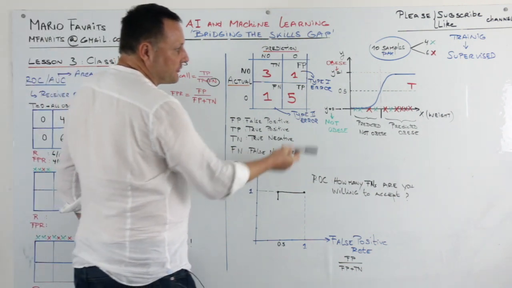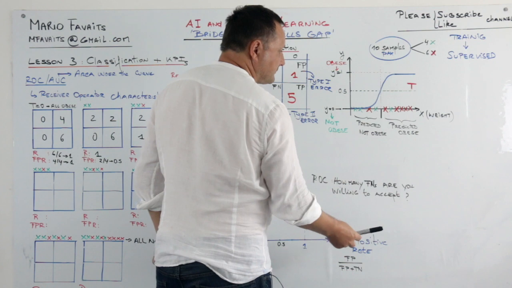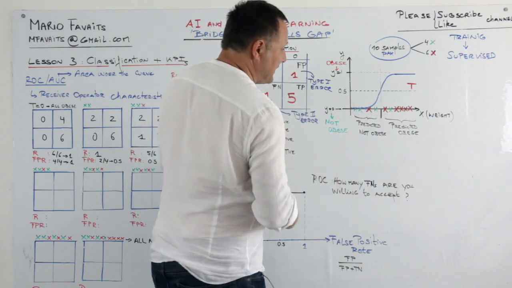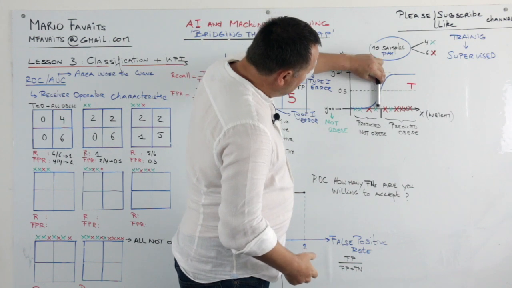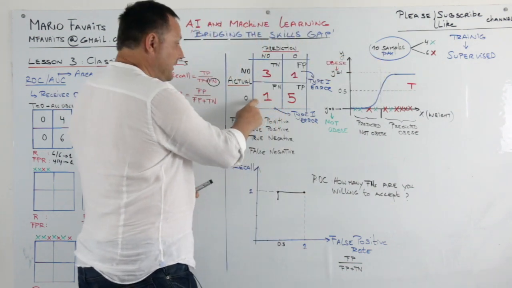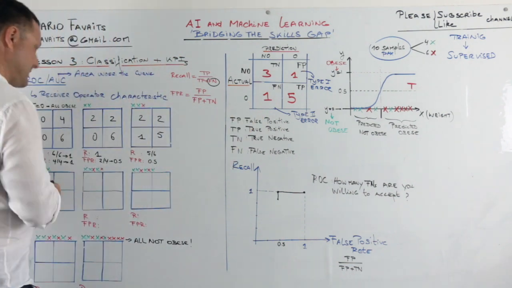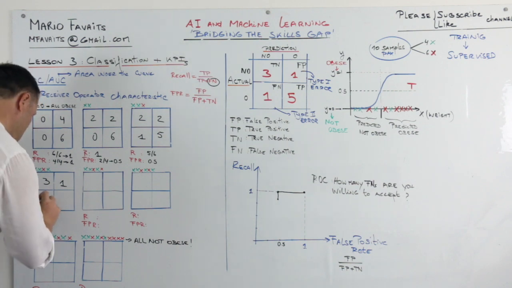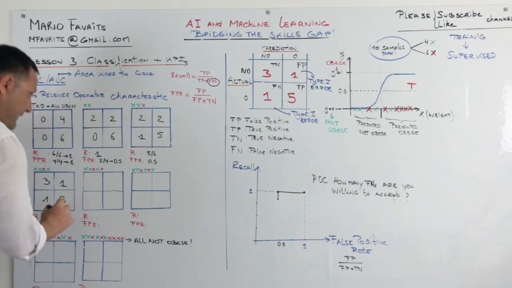Okay, let's now move the threshold further up, and we take the green one in. But if we take the green one in, we're basically in this scenario. So here we have already the confusion matrix: 3, 1, 1, 5.